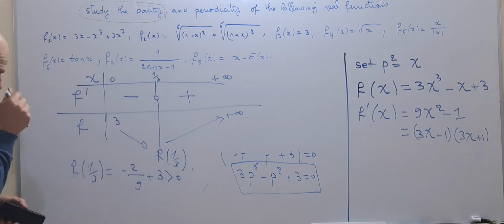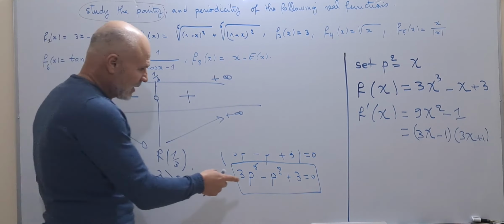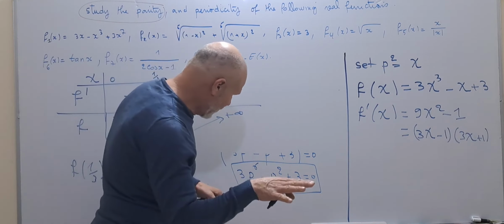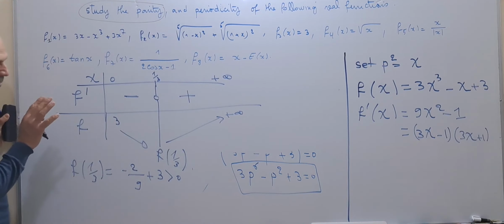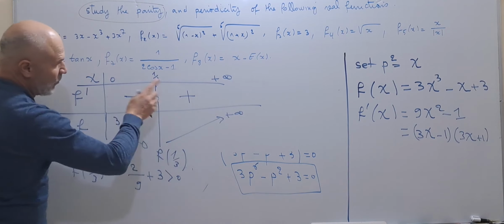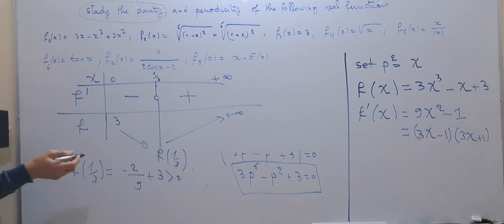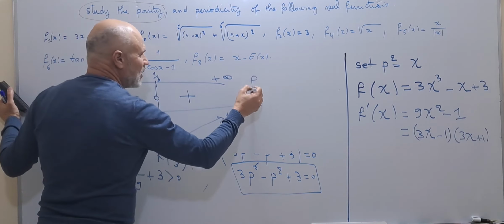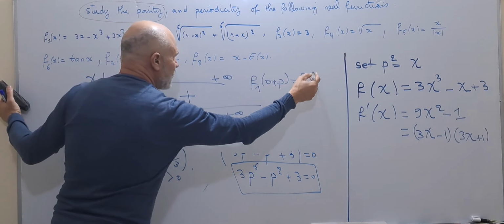This means that this equation has no solutions. This means that there is no P such that f1 of 0 plus P equals f1 of 0.